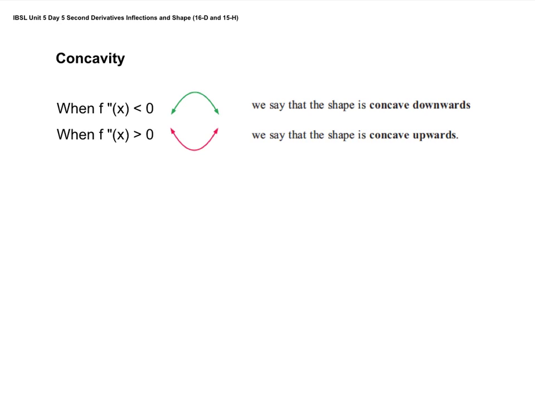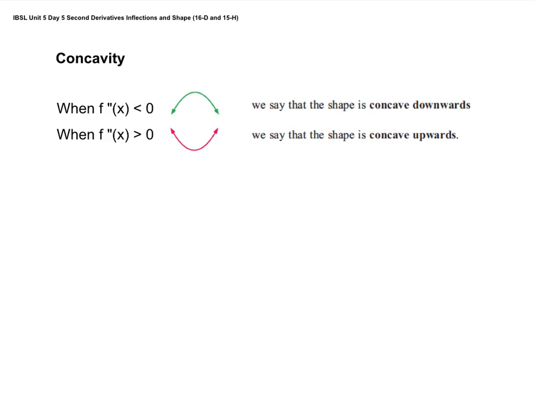First of all, just mathematically speaking, we use the second derivative to determine concavity because when our second derivative is negative, we say the shape is going to be concave downwards. What makes this a little bit tricky is that you don't always see the whole downward arch. For example, you have a logarithmic function that looks like this, and it continues to increase forever.